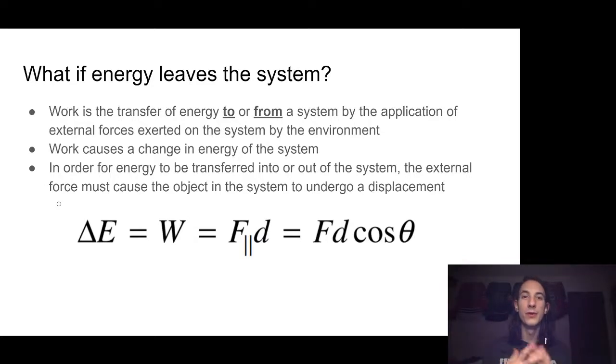Work is super important. Work is what happens when we transfer energy to our system or from our system by applying some sort of external force on the system. So if we apply an external force, so some object from outside of our system, something from the environment, forces our system, it is either doing work on our system or work is being done on that object.